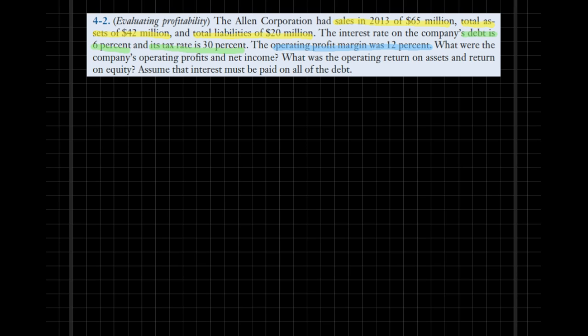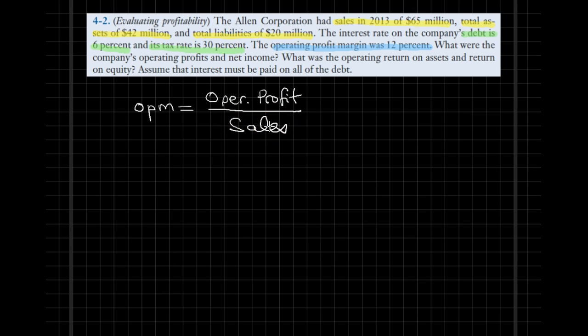The best way to start is to use the information about operating profit margin to come up with the operating profit for the firm. Recall that the operating profit margin equals operating profit, or operating income, divided by sales.